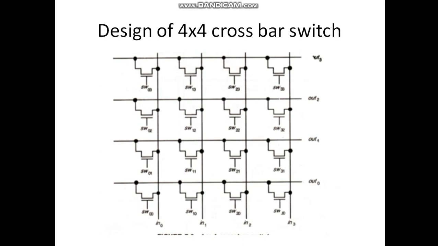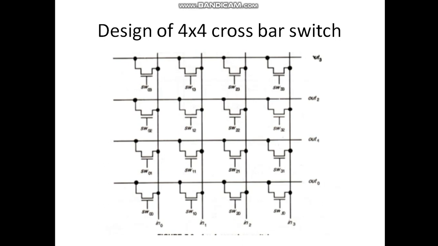When SW00 is made 1, IN0 is passed through the NMOS and it is made available in OUT0. Now let me consider an example where SW00, SW11, SW22 and SW33, all the 4 switches are turned on.